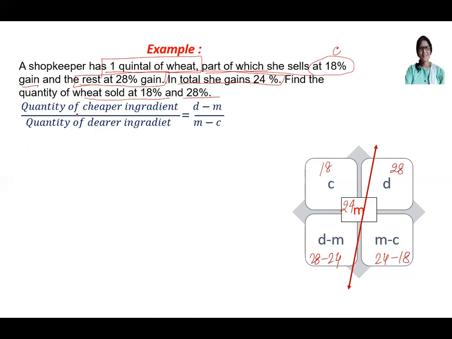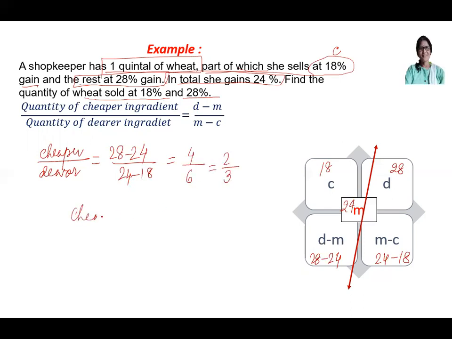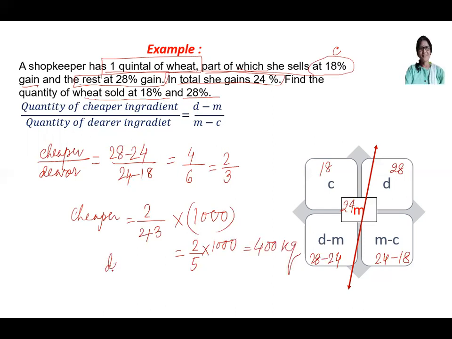The ratio of cheaper to dearer is equal to D minus M, 28 minus 24, upon M minus C, 24 minus 18, that is 2 by 3. So cheaper is equal to 2 by 2 plus 3 into 1 quintal, so 2 by 5 of 1 quintal will be 40 kg. So dearer will be 60 kg.